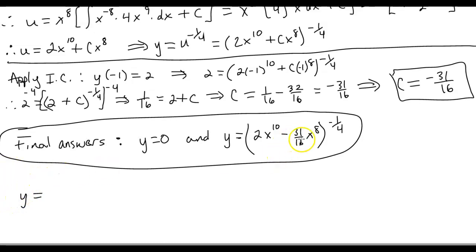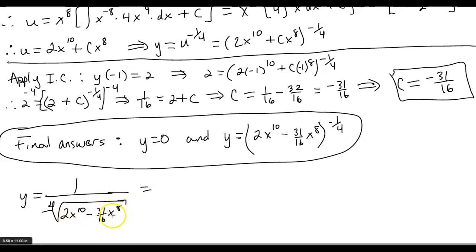All right, so if you want to simplify this a little bit more, then here, just notice that this is the same thing as the 1/4 root of 2x raised to the 10 minus 31/16 x raised to the 8. And notice here that we have two groups of x raised to the 4 in both of these terms.